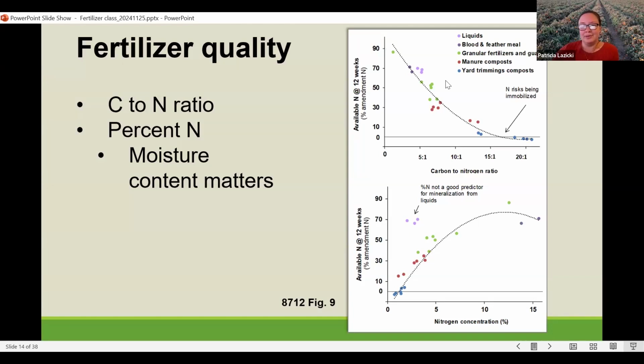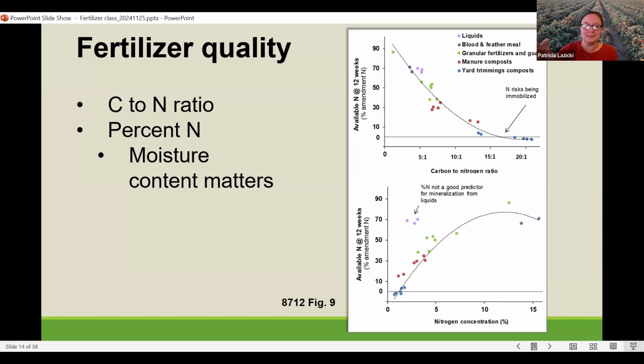You can see within a particular C to N ratio, there's a fair amount of variation. But if you're just trying to get an estimate from an unknown material, there's a fairly good relationship. We also found something similar for percent nitrogen. That's on the bottom graph. The big exception is, again, those liquid amendments.